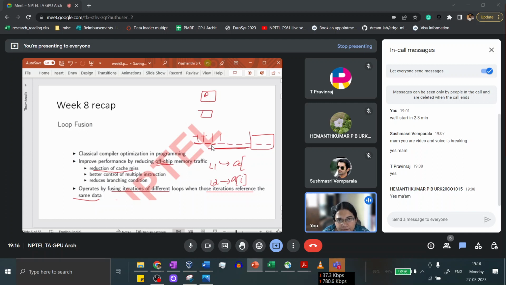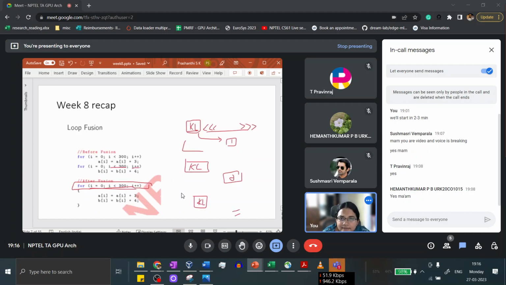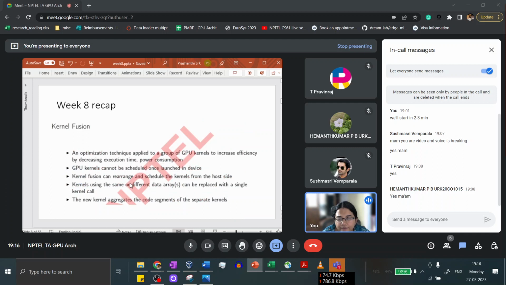So the cost of bringing it into the cache is amortized across both of these operations, or however many operations you are fusing. That's always a benefit whenever you fuse, the cache part of it. So that's the idea behind loop fusion, and similarly kernel fusion.